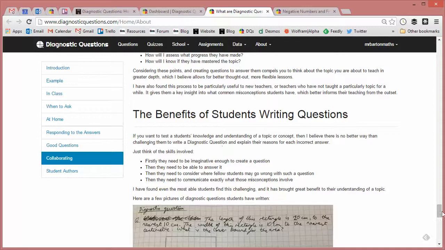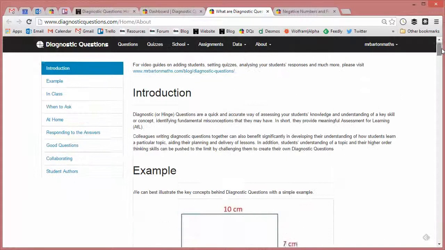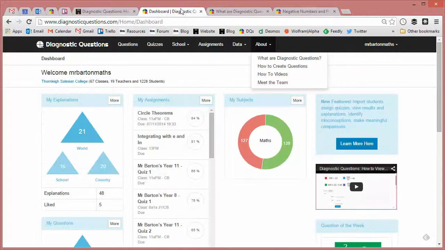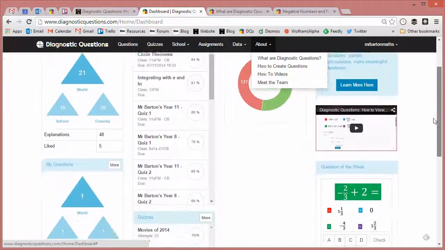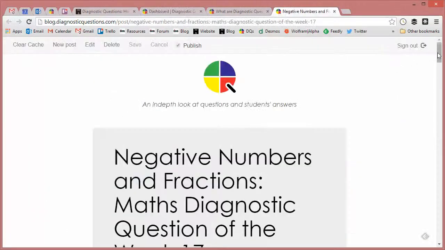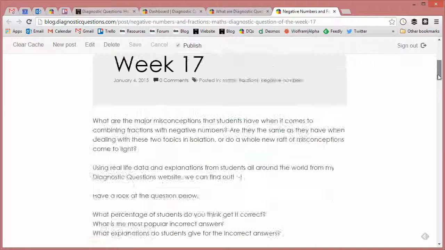So there's a quick overview of the kind of pedagogy behind diagnostic questions. What I also do each week is I select a question and I just analyse it in depth on a blog. And if you just go to the dashboard, you'll see it there, question of the week. And if you click on blog, you'll get that one. So for example, one here is negative numbers and fractions.